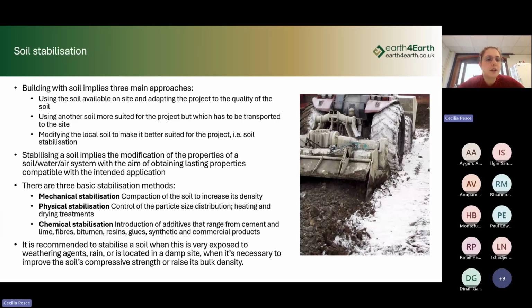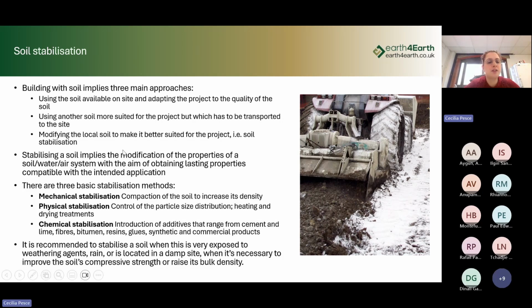And then, for soil stabilization, we can have three main approaches, but the third approach is to modify the local soil to make it better suited for a specific project. So we want to modify its properties by different means.